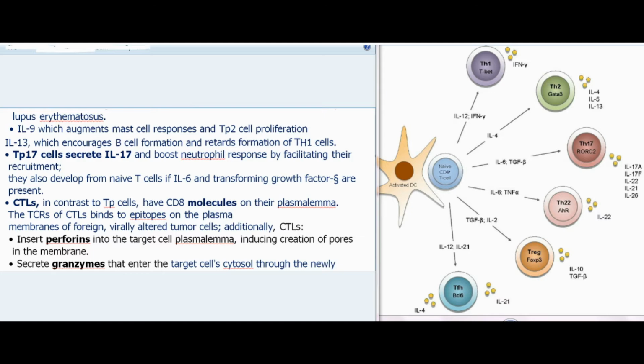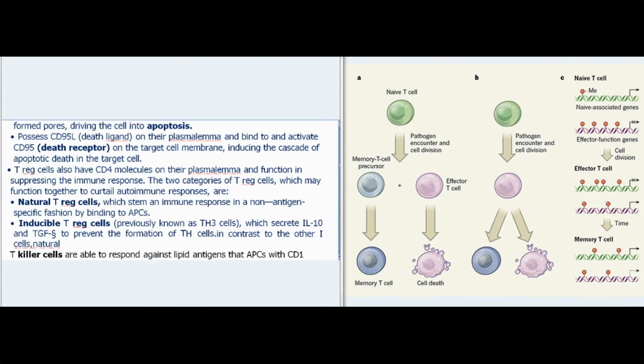They secrete granzymes that enter the target cell cytosol through the newly formed pores, driving the cell into apoptosis. They possess CD95L, death ligand, on their plasmalemma and bind to and activate CD95, death receptor, on the target cell membrane, inducing the cascade of apoptotic death in the target cell.